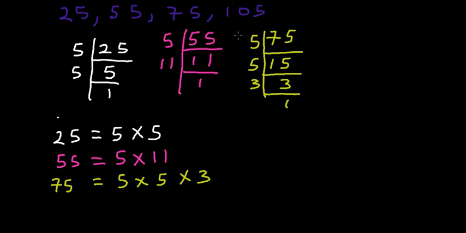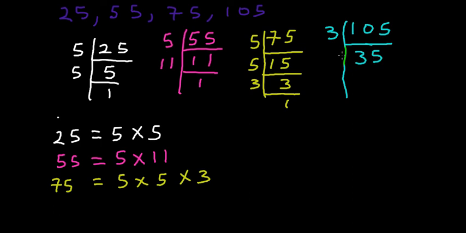Then lastly, 105. Finding the prime factorization for 105. The best prime number is 3 this time around. 3 in 10 you go 3 times, then remaining 1, 1. 3 in 15, now you get 5.